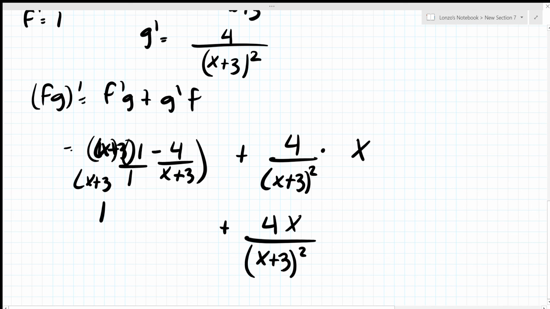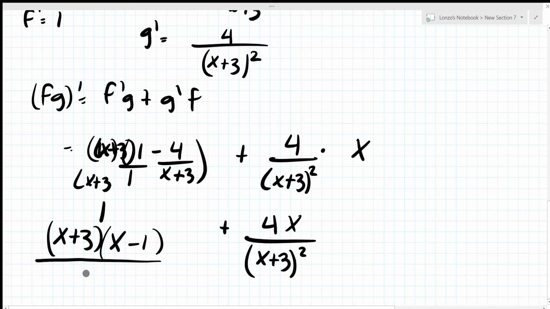Wait, where did I go wrong? Oh, okay, so this is going to be x plus 3 times x minus 1. There we go. And then this is going to be x plus 3 squared. Okay, good.